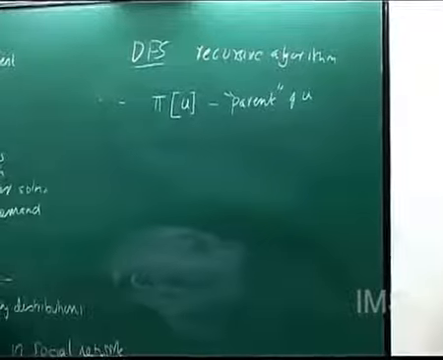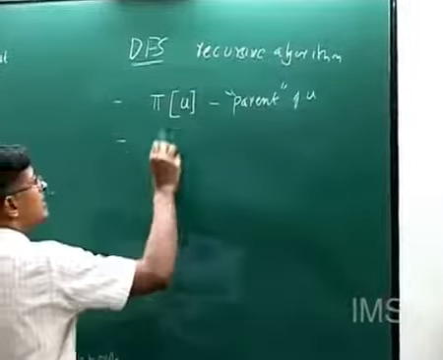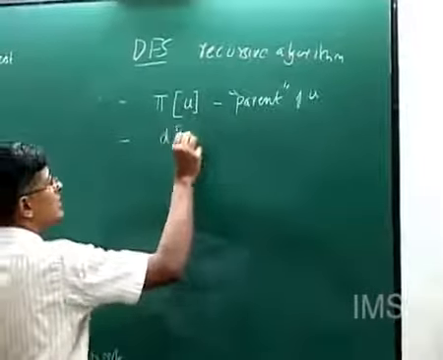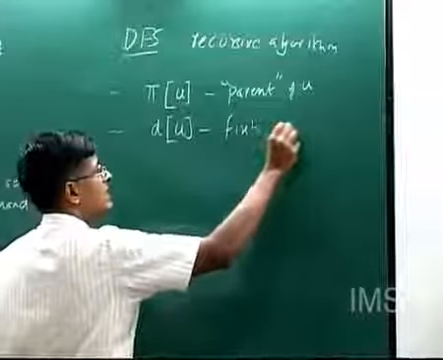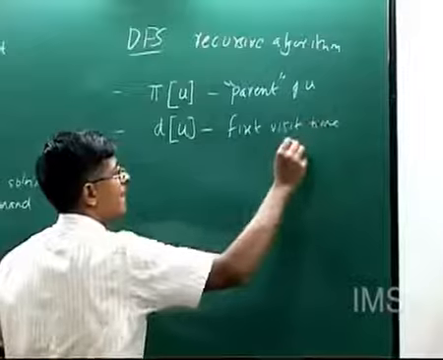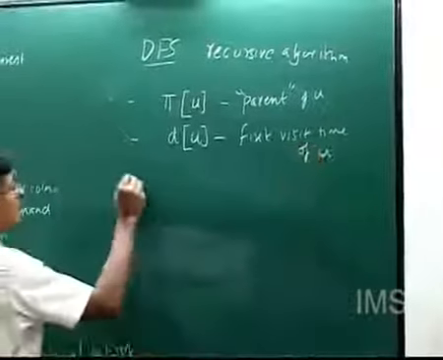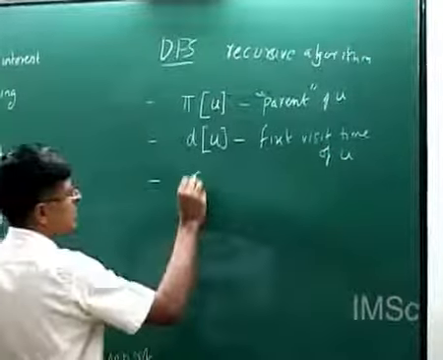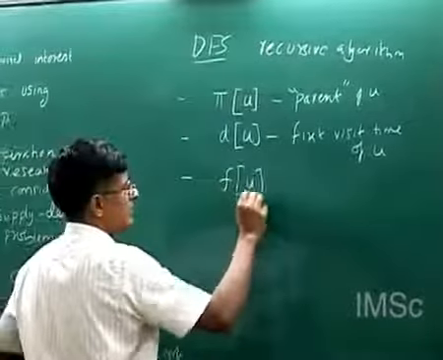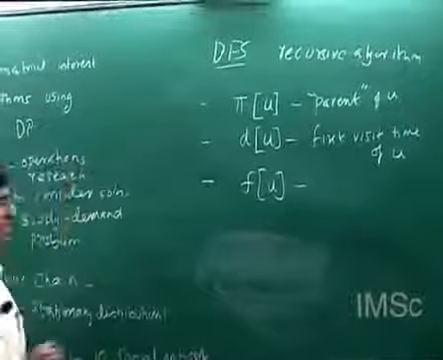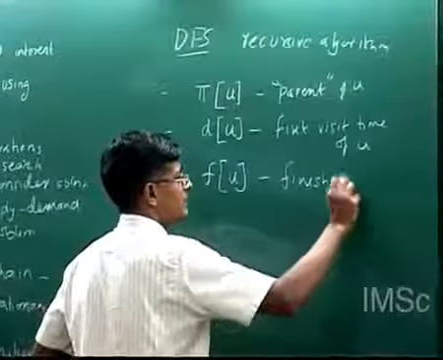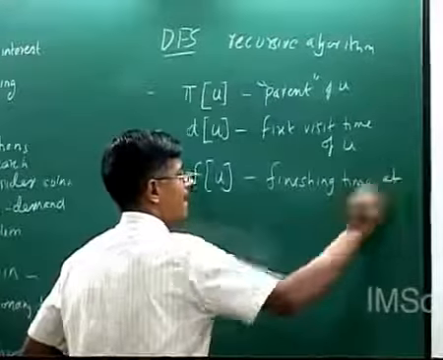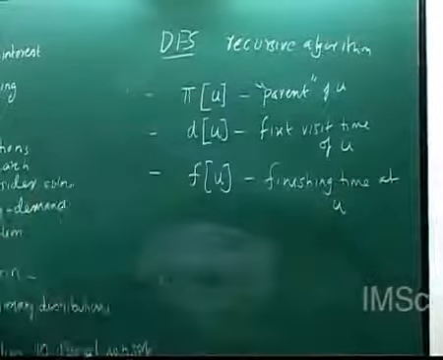Right. Then it also gives you a data structure, an array which is d of u, the first visit time of the vertex u, and another array which is f of u, which one can think of as finishing time at u.